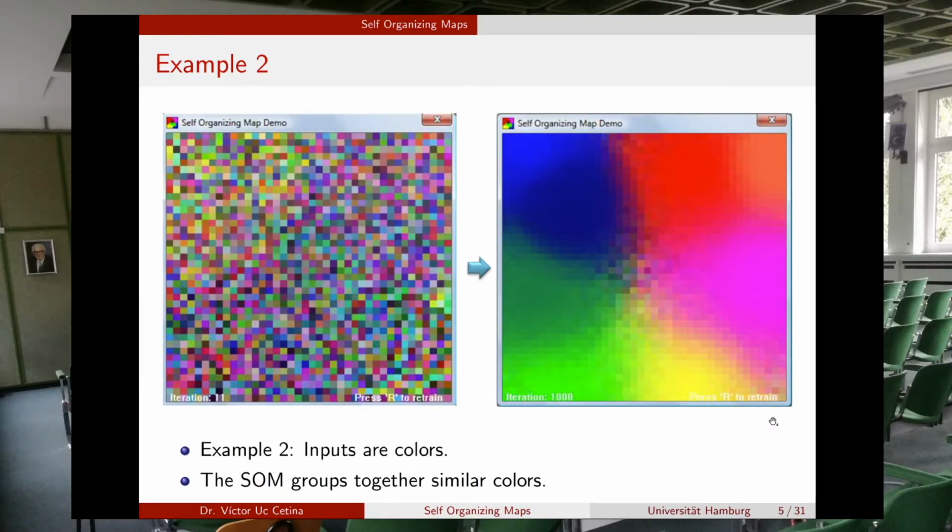So again, here we are seeing a map in 2 dimensions, but each of the pixels is represented by a vector in dimension 3. So you have RGB pixels, with some amount of red, green, and blue, but our map, our Kohonen map, is in 2 dimensions. So again, the map is showing us the similarity in the colors of the different pixels.